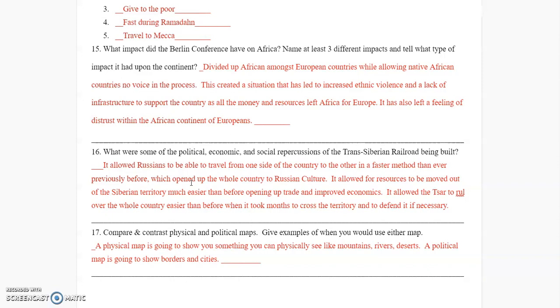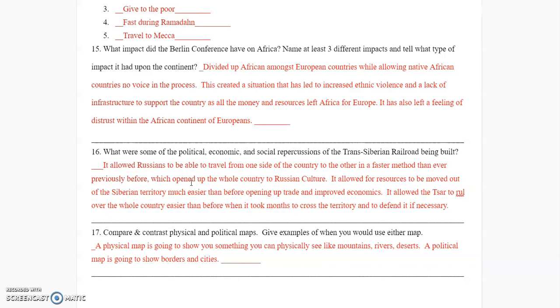So there's ethnic violence. There's a lack of infrastructure because, again, all the money and resources were taken from the continent and sent back to Europe. And it creates a very bitter feeling of distrust within the African continent about Europeans as a whole. So it has created 3 things that are really not helpful in the global scheme of things.